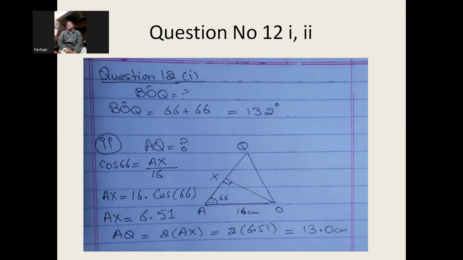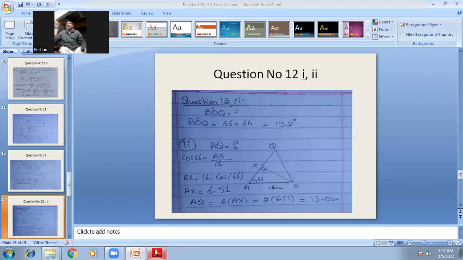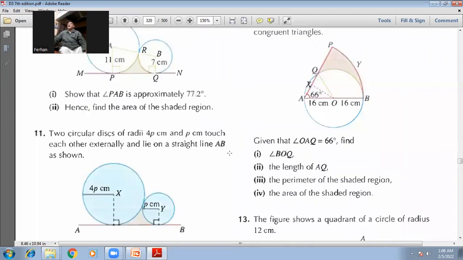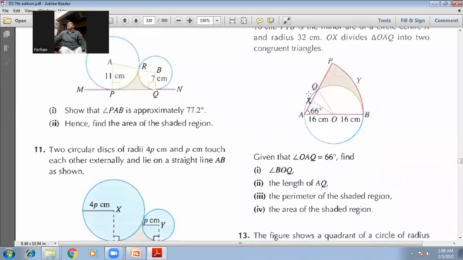So once I know the BOQ angle, the second part of the question is, they want you to find the length of the AQ. This length they want. Because this line has bisected, it's an isosceles triangle.